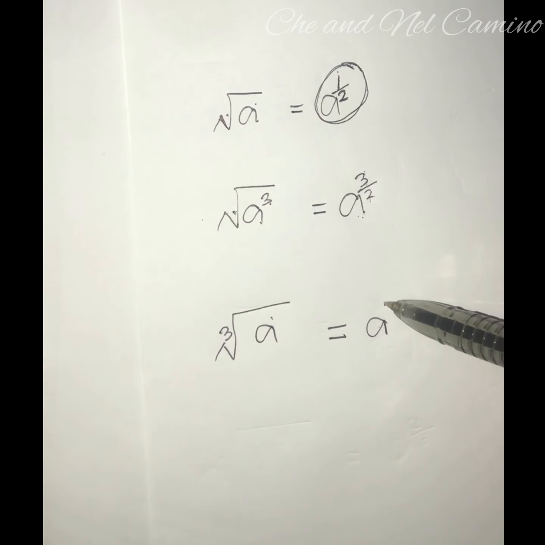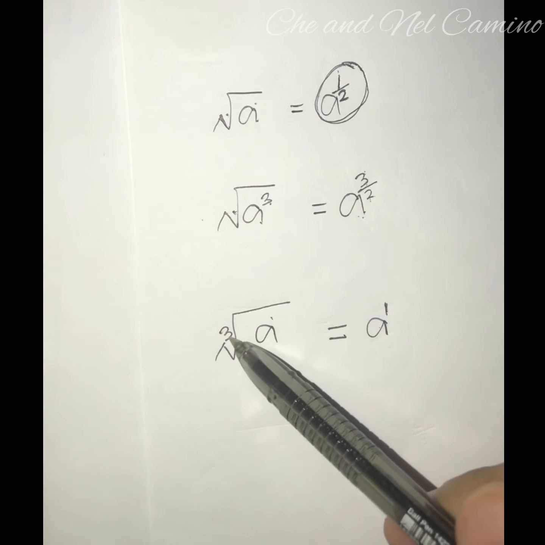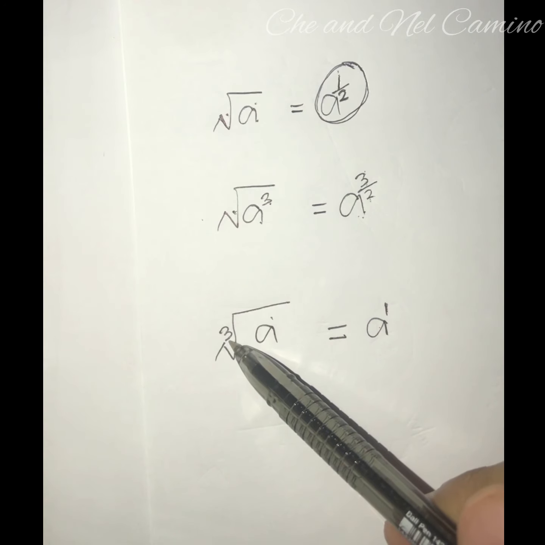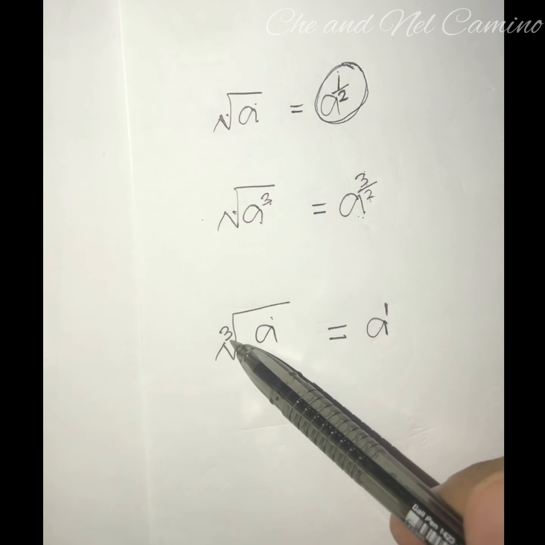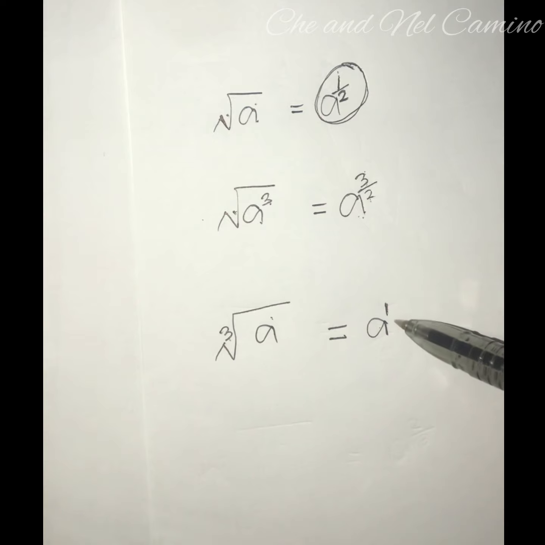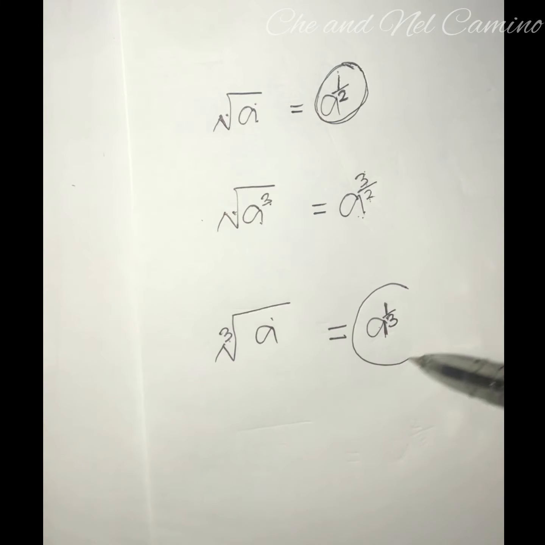So that is 1. Then since we have a number here which is 3 as our index, we are going to place that here into the denominator of our exponent. So we have now our exponential expression. So we have a to the power of 1/3.